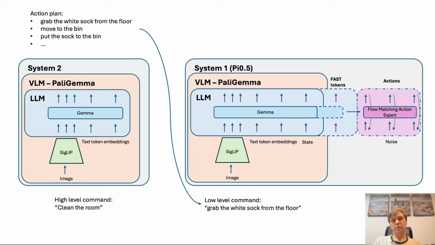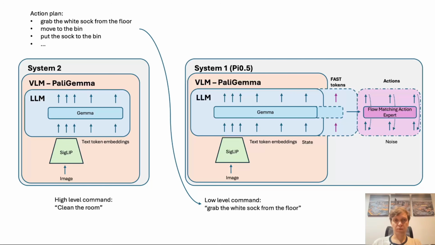System 2 is doing this slower thinking when it has a complex problem and needs to decompose it into simpler ones. And System 1, which is the VLA, just takes this command for a small task and simply completes it. You run System 1 and System 2 at different frequencies. System 1 predicts actions at 50 hertz, and System 2 you can run maybe every second or every few seconds, or when the user interacts.